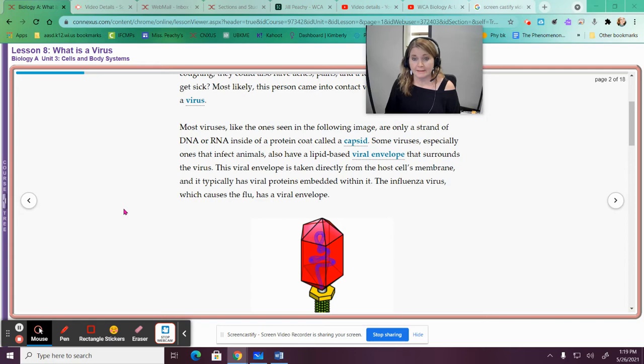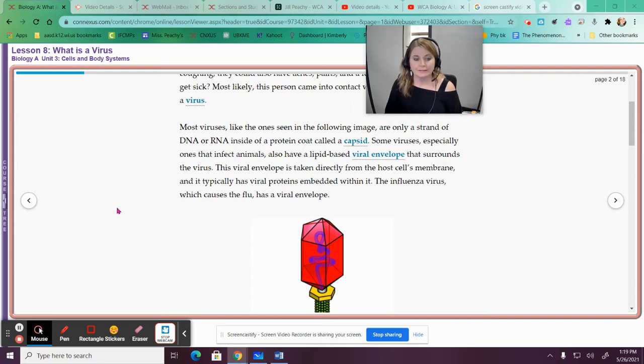Some viruses have this membrane, some do not, and it depends upon the virus. According to the reading, especially viruses that infect animals will have this viral envelope. We are animals, according to the biological definition, so a lot of the viruses that infect us will have a viral envelope around them.